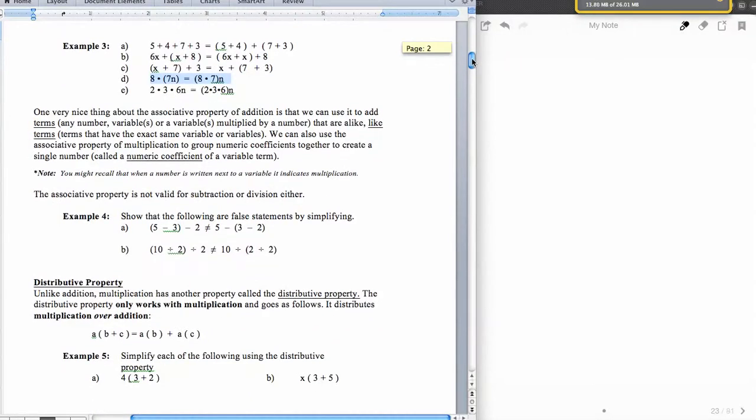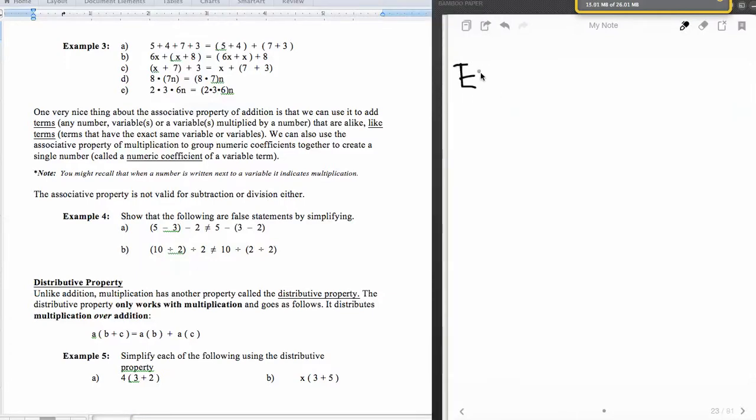Now, example 4 here, we just want to take a look at the fact that the associative property is not valid for either subtraction or division, and just prove that a little bit to ourselves. So example number 4, I'm going to say 5 minus 3, which is 2, and then minus 2, which is 0, and this does not equal 5 minus (3 minus 2), well 3 minus 2 is 1, and 5 minus 1 is equal to 4.